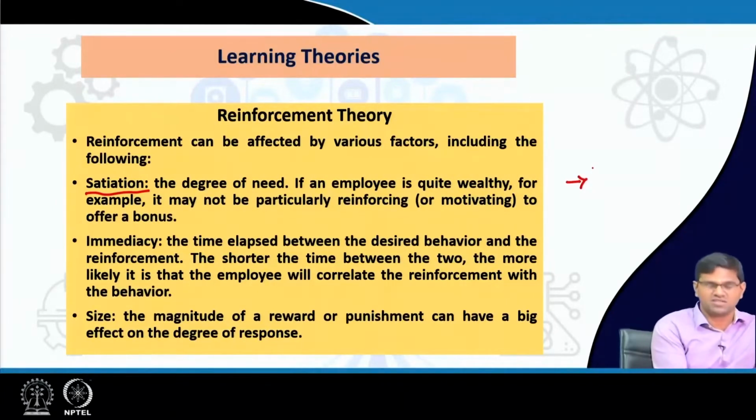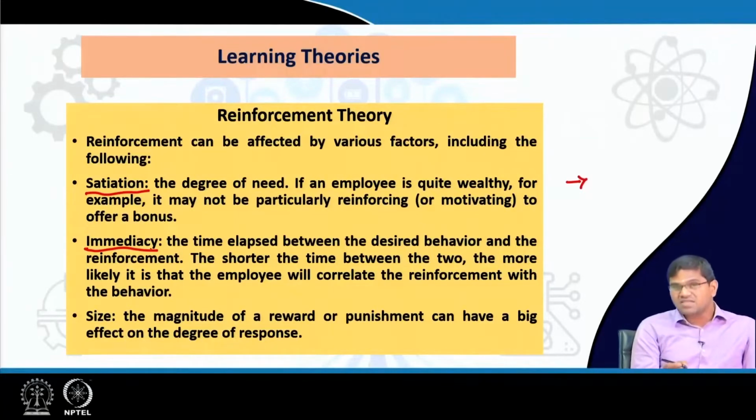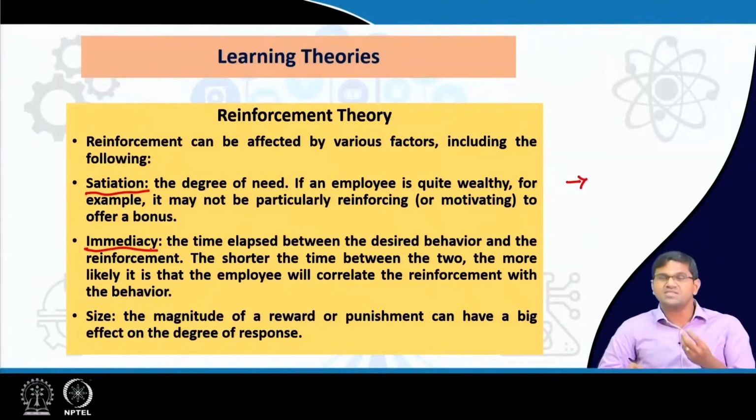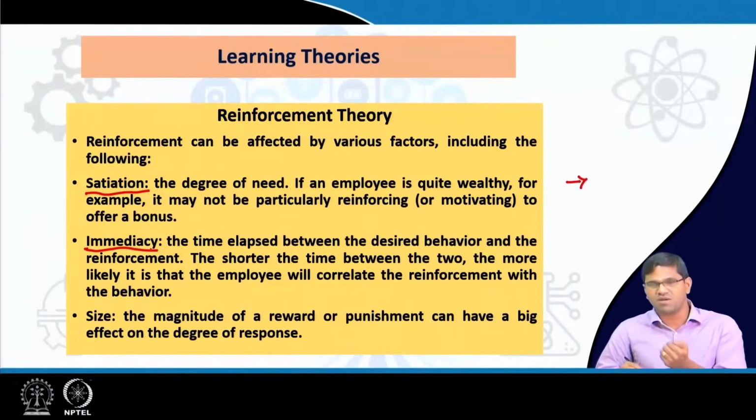Now the next factor is immediacy. What is immediacy? The time lapse between the desired behavior and the reinforcement. You are expecting a specific behavior, let's say being on time to the office, or on a shop floor, everybody has to be present at their respective workstation so that the complete production can be done and the end output can be produced.